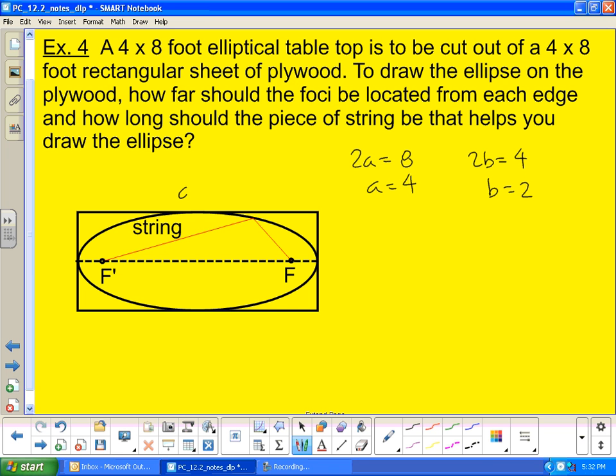So again, here's my major axis length from here to here, and here's my minor axis length from there to there. We're obviously centering this thing in the center of this plywood.